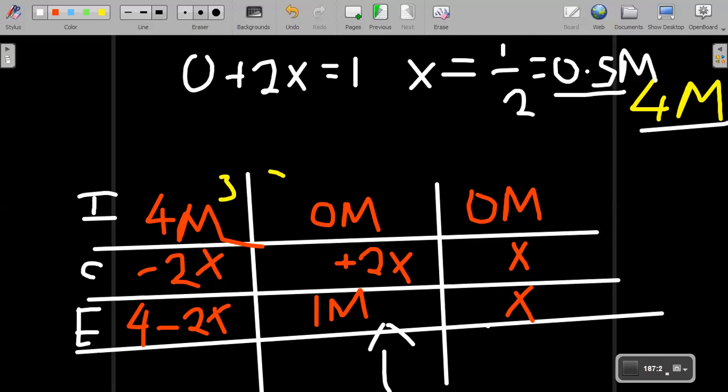So we can determine the equilibrium concentrations for the other two by just substituting the value of x here.